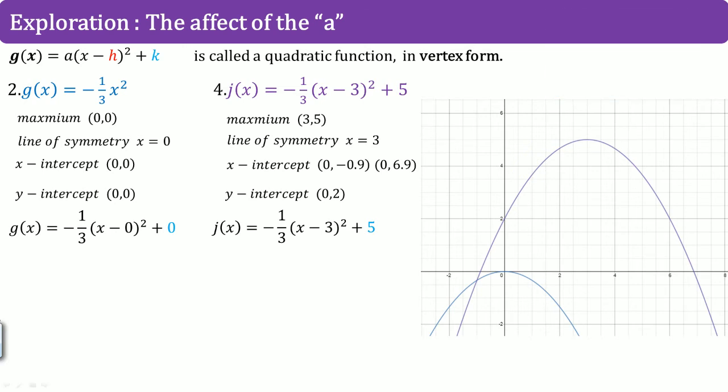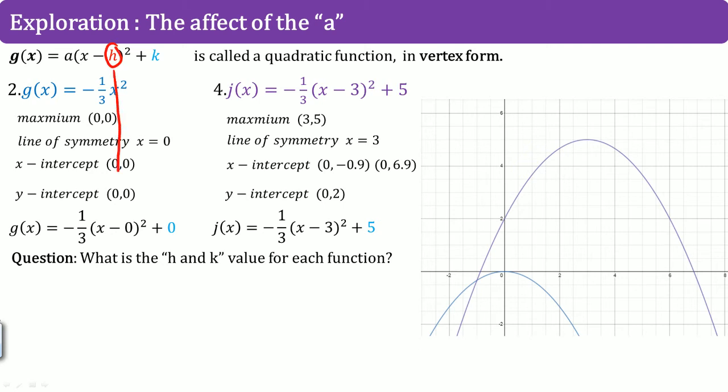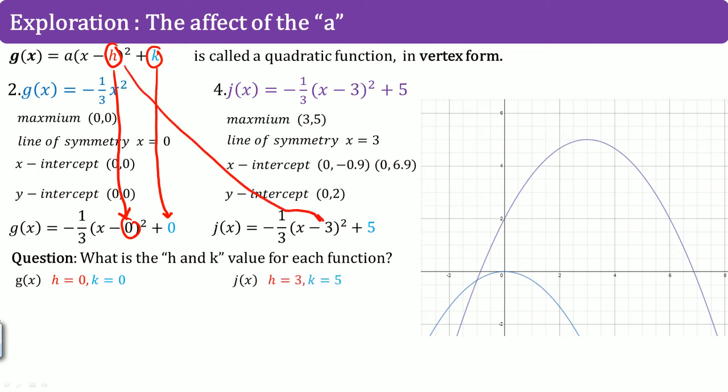We'll start with the question of what the h and the k are for each function. The h is right here, exactly like vertex form gives you. h is equal to 0 and k is equal to 0 for one function. For the other, the h is the 3 and the k is the 5.